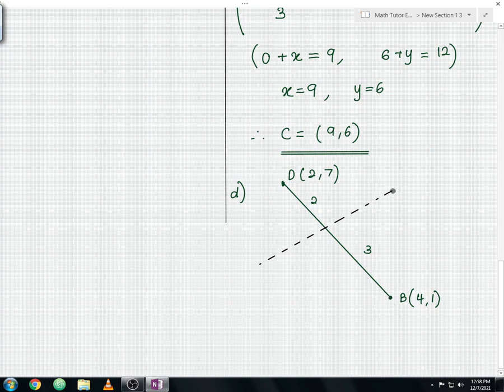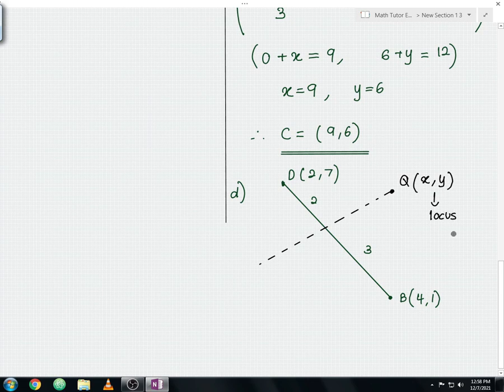Okay, so let me label it in a black color. So this is your point Q. So we don't know actually the exact coordinate of point Q. So since it is a moving point, or also known as locus, let us write down in terms of x, comma, y. Okay, so this is our locus.